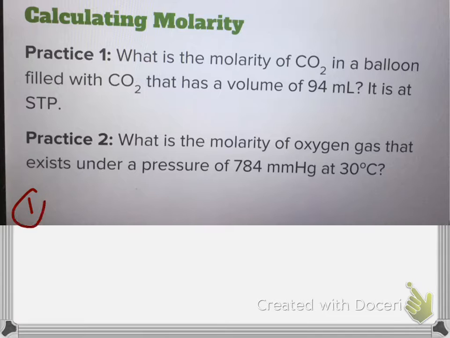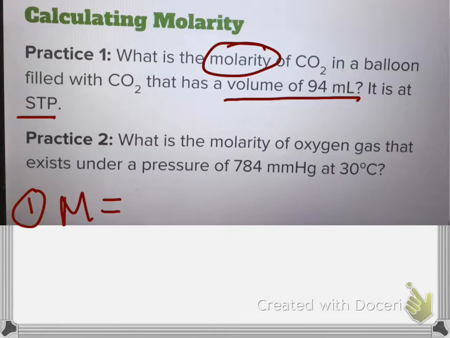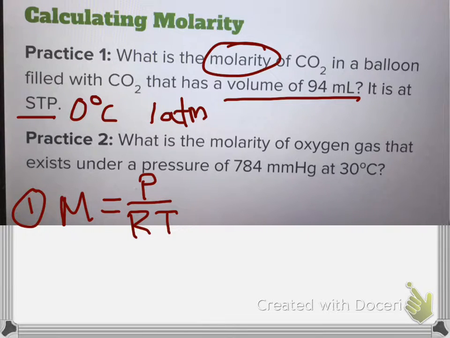So for number 1, the question is, what is the molarity? That's what we want to find. If we have a volume of 94 milliliters at standard temperature and pressure. Well, we know that molarity equals P over RT. If we have standard temperature and pressure, that means we're at 0 degrees Celsius and 1 atm. 0 degrees Celsius is the same thing as 273 Kelvin.